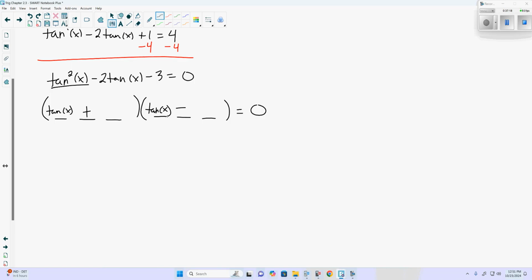Factors of 3 are 1 and 3. 1's going to be positive, 3 is going to be negative. And if I were to check this, tangent of x times negative 3 would be negative 3 tangent of x. 1 times tangent of x would be plus tangent of x, giving us our negative 2 tangent of x.